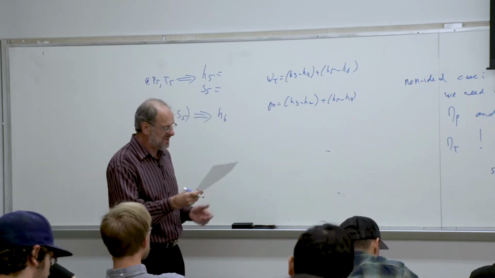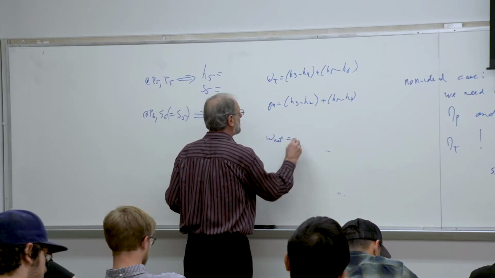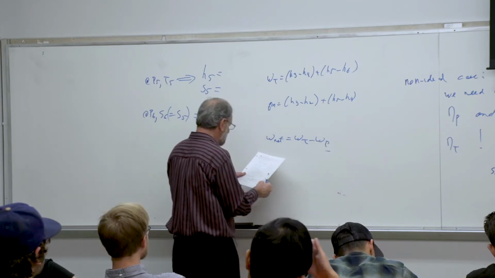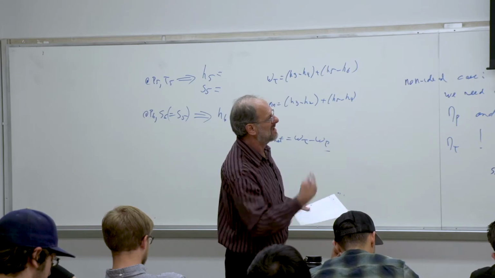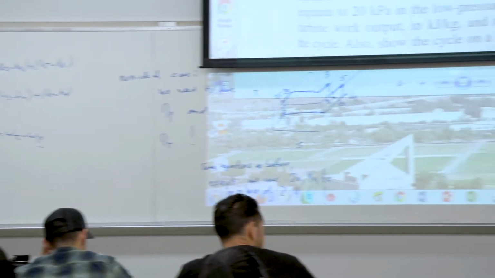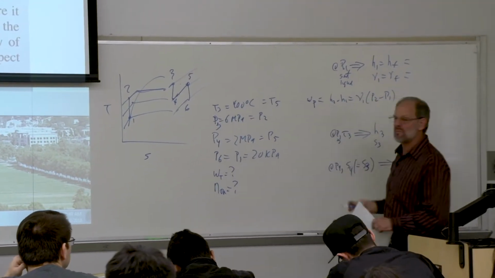So we'll calculate the heat input. And of course, we're also going to need the net work to find the thermal efficiency. So that'll just be the turbine work minus the pump work. And the pump work is just going to be H2 minus H1, which you already have over here. So you can even go ahead and add that this is equal to the pump work.